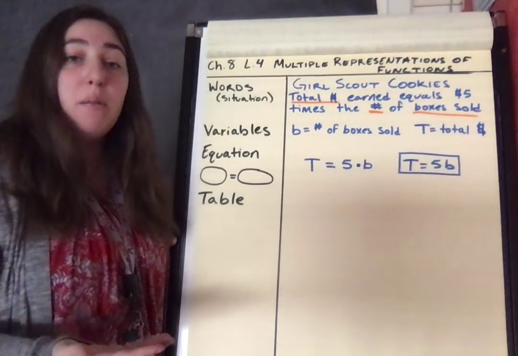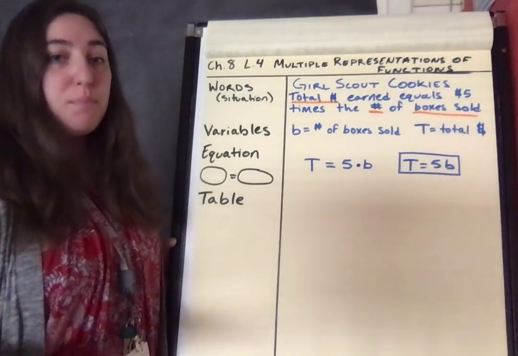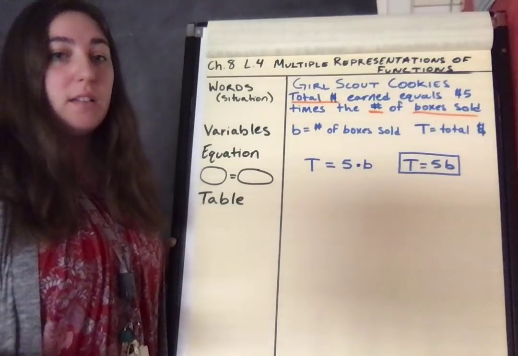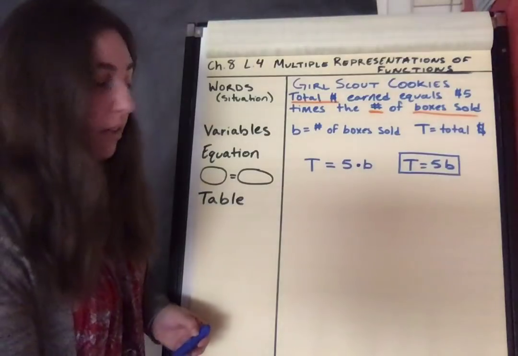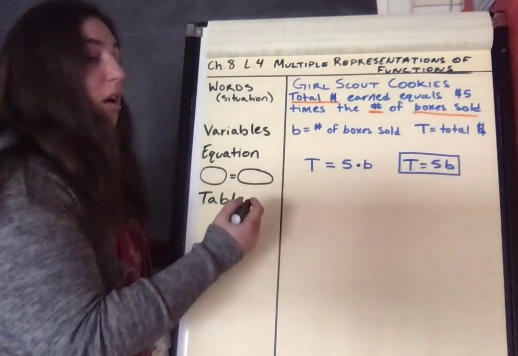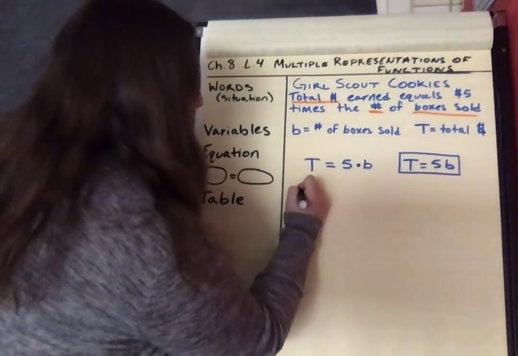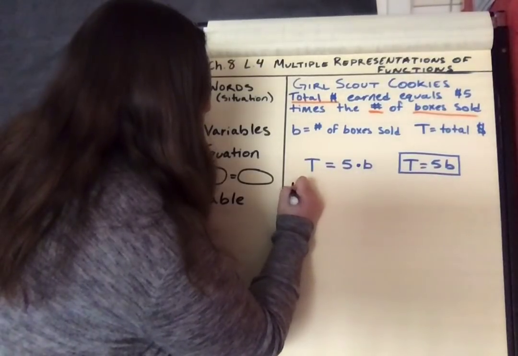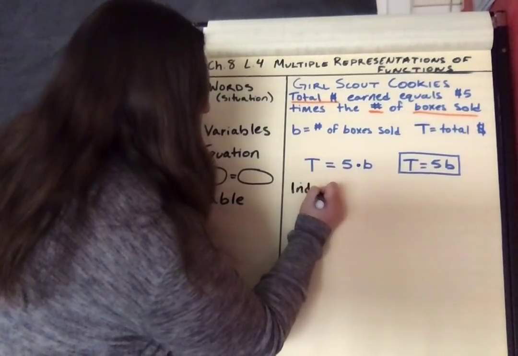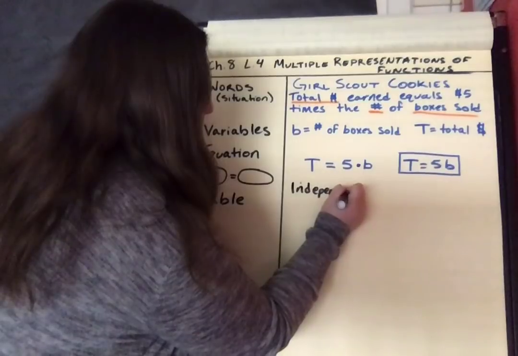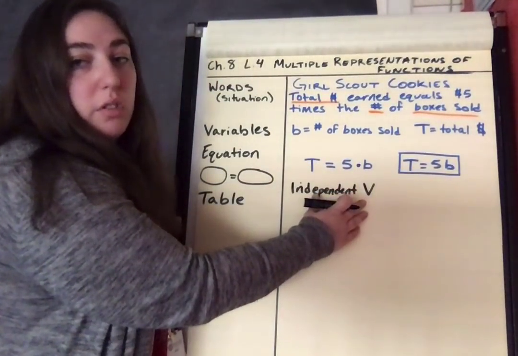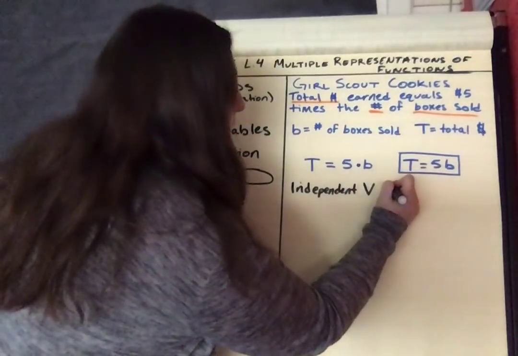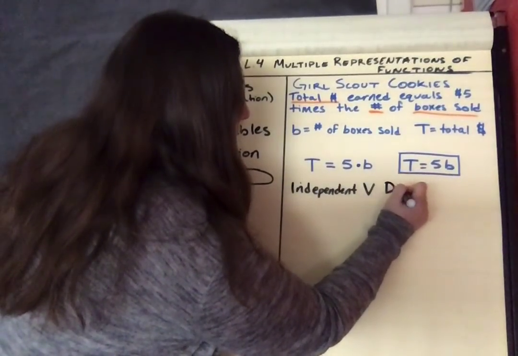The independent number is always going to be the x, right? Okay, so let's start our table here. We're going to have the independent variable. This V stands for variable. We're going to have the dependent.